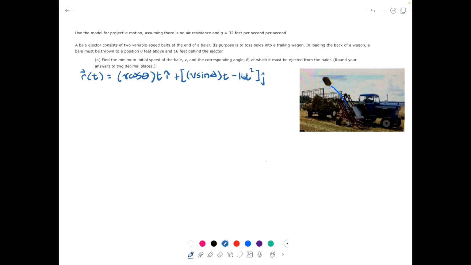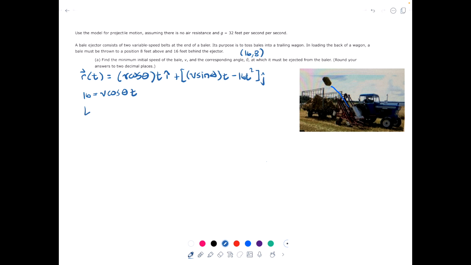Now, we need to take a look at what we have. So 8 feet above, 16 feet behind gives us that position of (16, 8). And so 16 is going to equal V cosine theta times t.